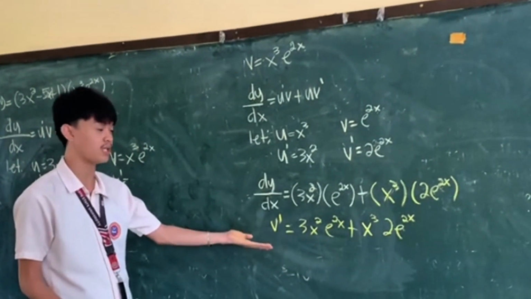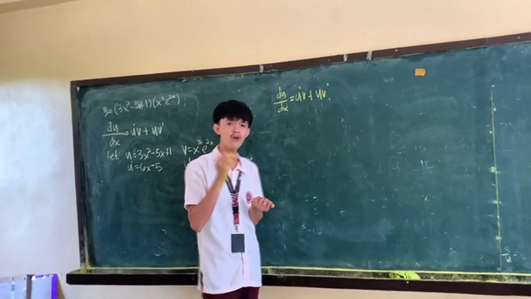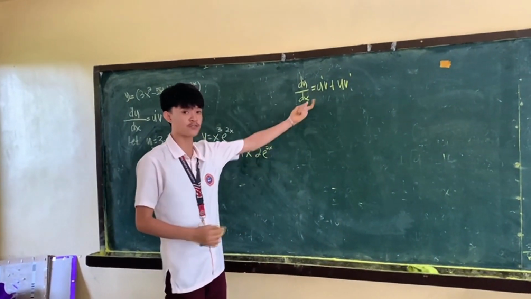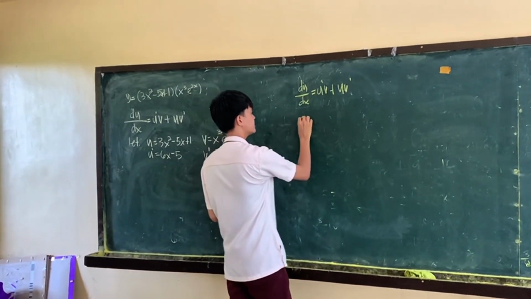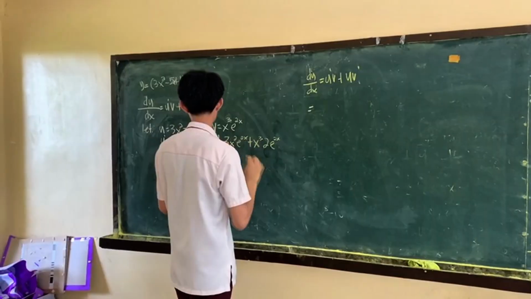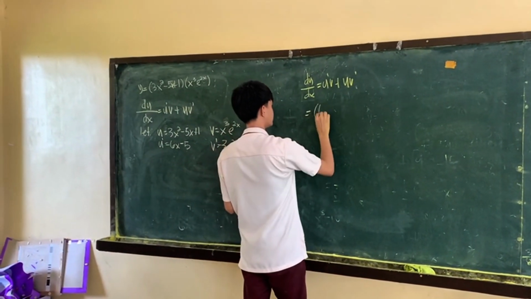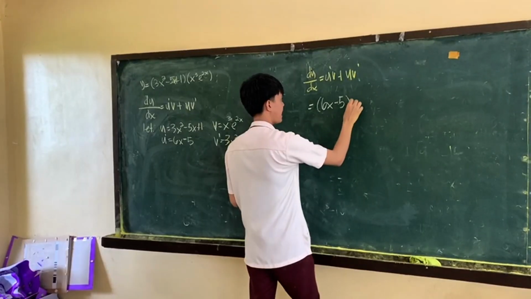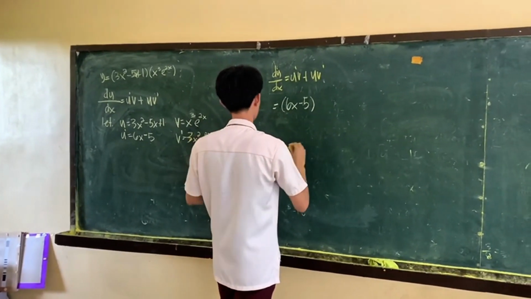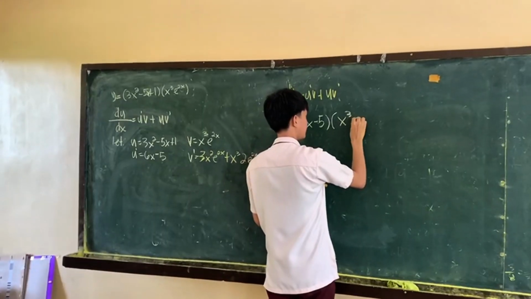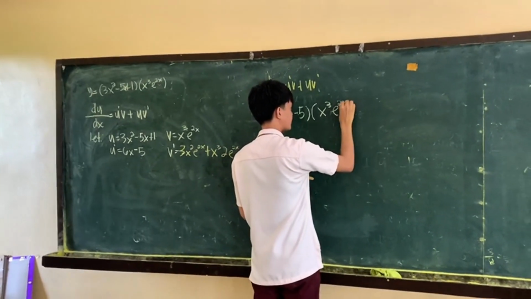Let's substitute it here. Now that we already have the values, let's substitute them in this formula. u prime is equal to 6x minus 5.